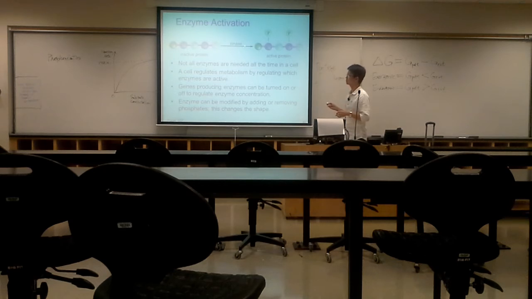Meaning that kinase is putting a phosphate group onto the reactant. Okay, the substrate or reactant is here, and then the kinase will put a phosphate group onto this, and then you become the product here. So you can consider phosphorylation as basically turning an enzyme on or off. Or you may consider it as an ignition key. When the ignition key is in the car, then the car is on.